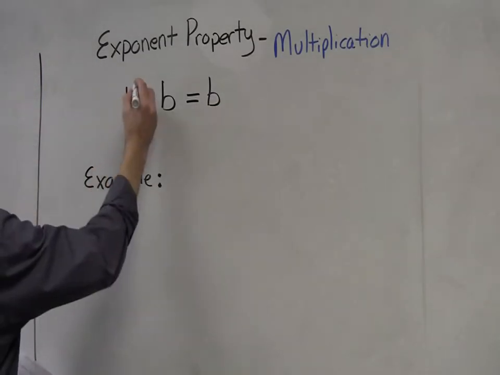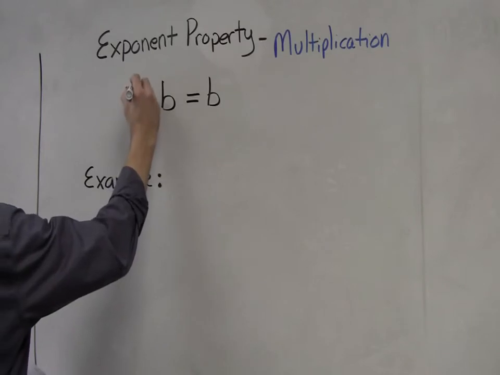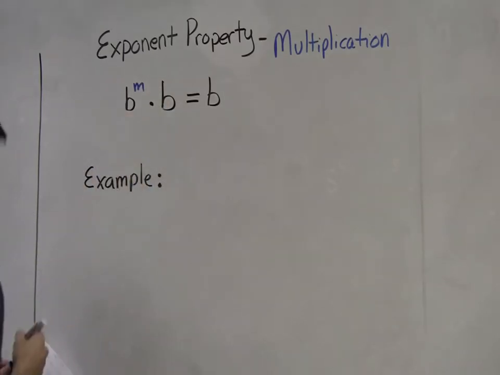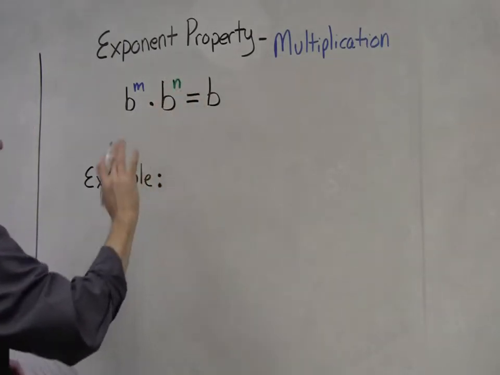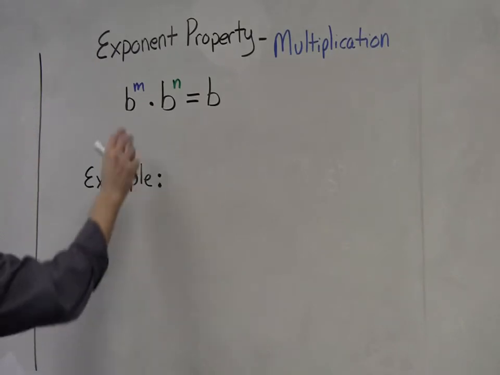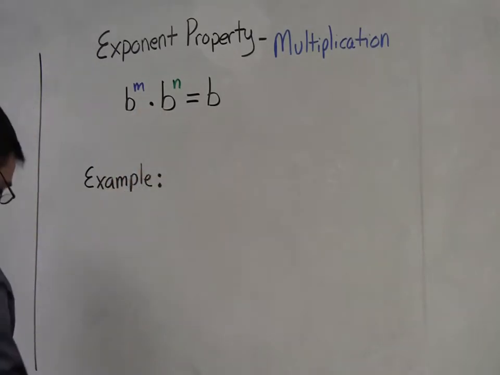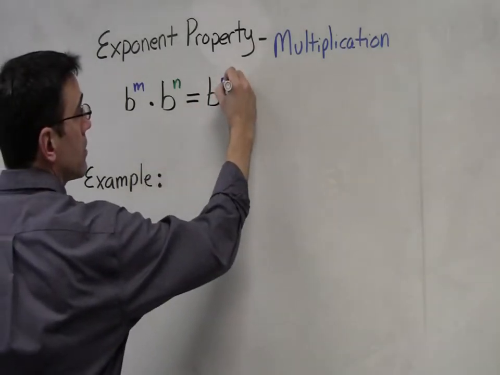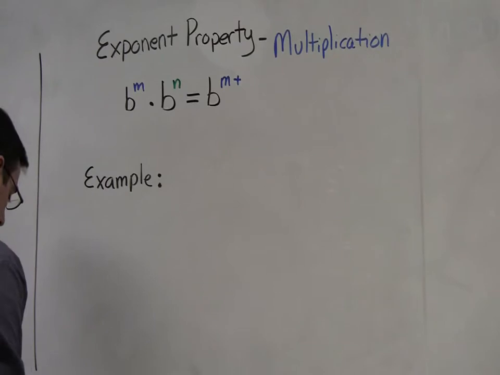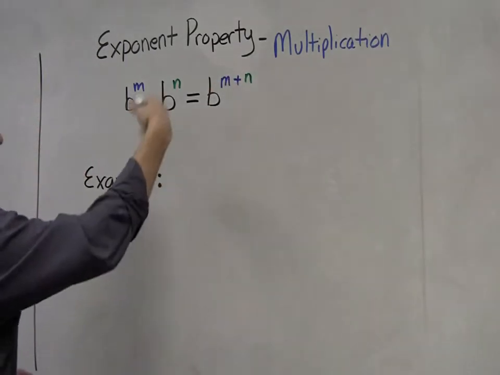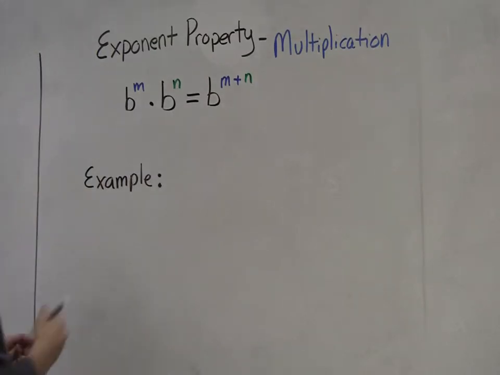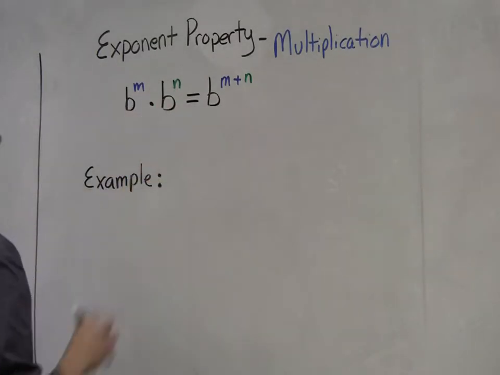If you take any exponent, I'll use the letter m to represent an exponent we don't know, and I'll use n to represent another exponent that I have no idea what it is. The rule says if the bases are the same, keep the base, and then add the exponents, so m plus n. Again, m and n are just placeholders. They could be any numbers that you can think of. They just represent the unknowns.